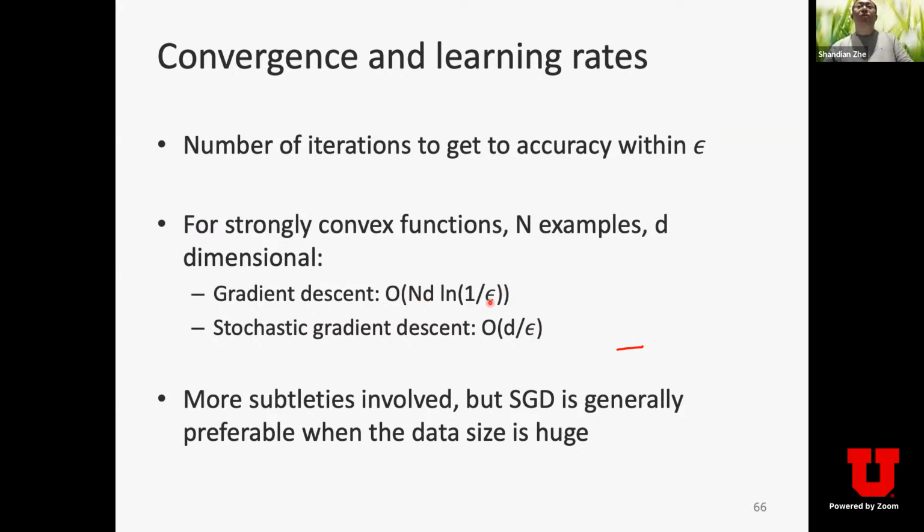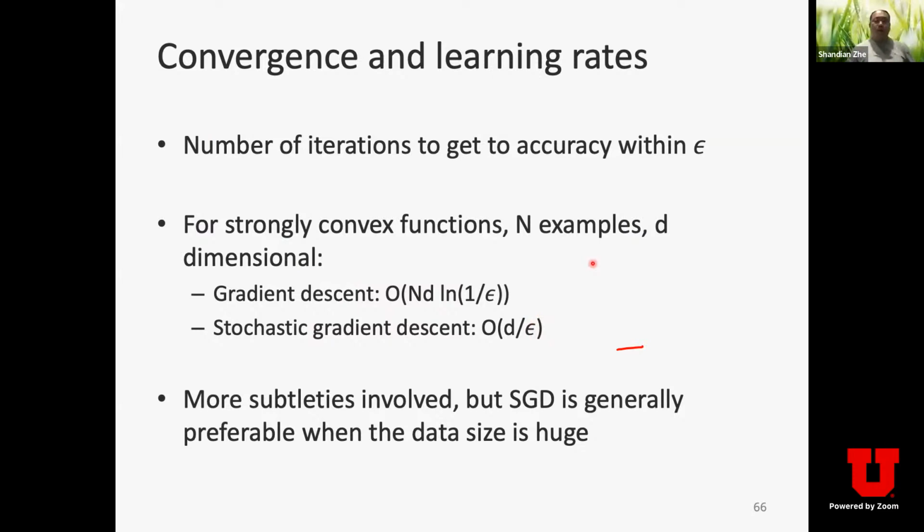Okay, the meaning of these notations, everyone is clear, right? It just means how many iterations I need to perform to make sure my optimized parameters are within epsilon away from the ground truth. Gradient descent needs this many iterations, and stochastic gradient descent needs this many iterations.